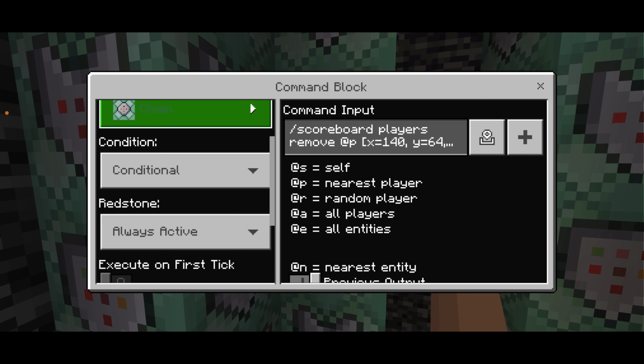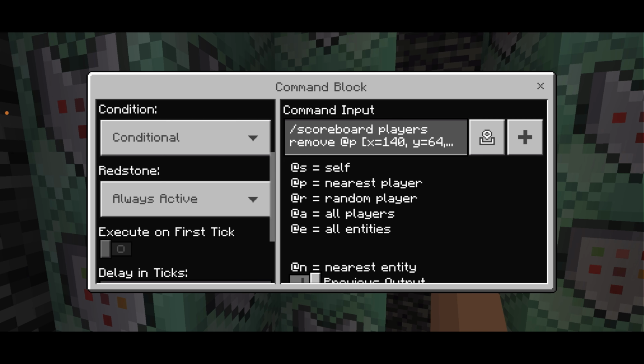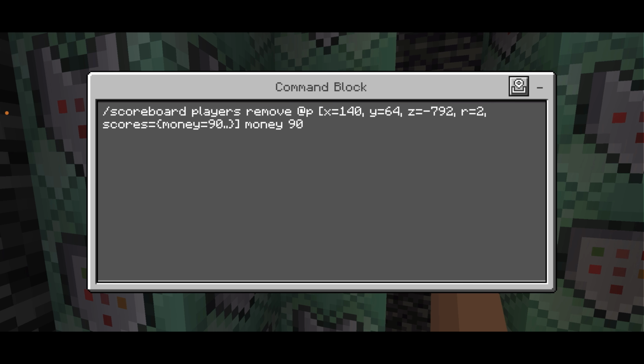This second one's going to be chain, conditional, and always active. And now we're going to remove that money after we gave them the diamonds.